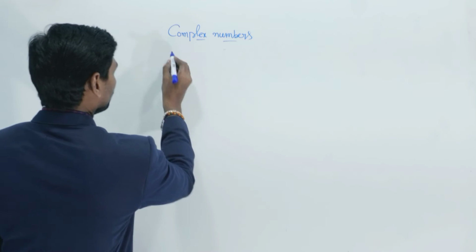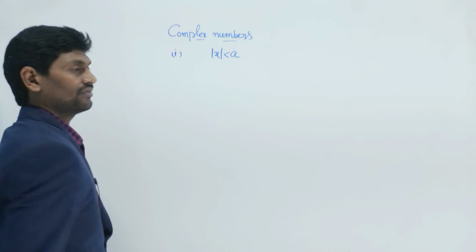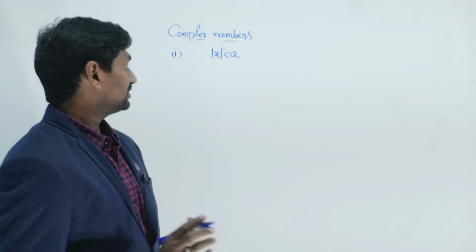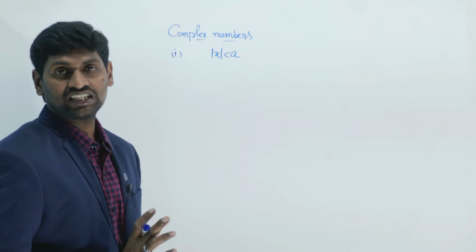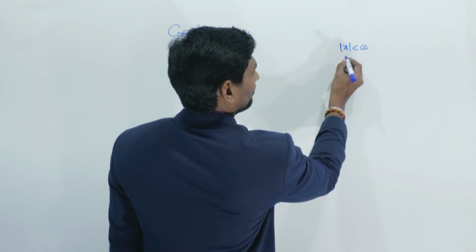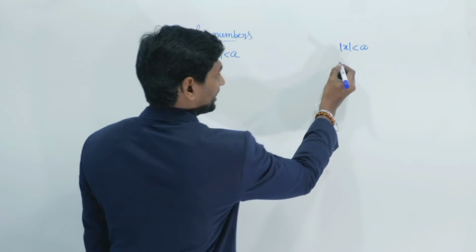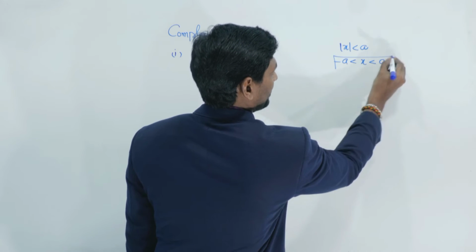Practice sheet here. First problem: modulus of x is less than a. We have learned the conditions for absolute value, whether it is less than a or greater than a. For less than a, we discussed that the x value lies between minus a and plus a.